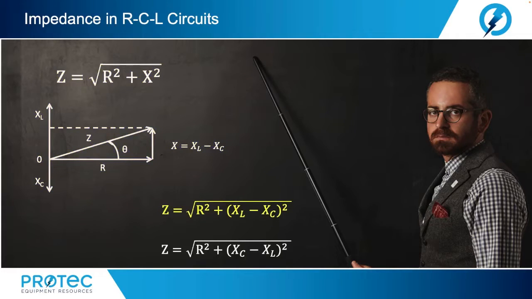Equations: impedance equals the square root of resistance squared plus the product of inductive reactance minus capacitive reactance squared, and impedance equals the square root of the sum of the resistance squared plus the product of capacitive reactance minus inductive reactance squared are the mathematical representations of impedance in an RCL circuit.